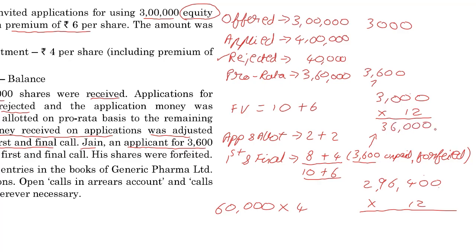36,000. But you have to understand that this is also not what we will subtract from the bank account entry and charge to calls in arrears, because he did apply for 3,600. The difference between the two is 600 shares, and he paid 600 into 4 extra.